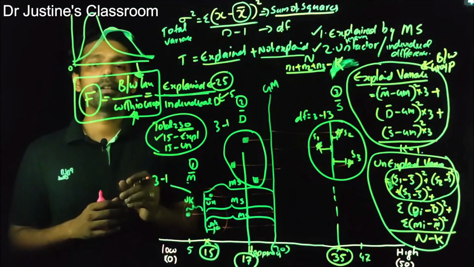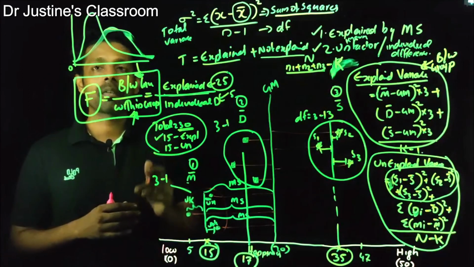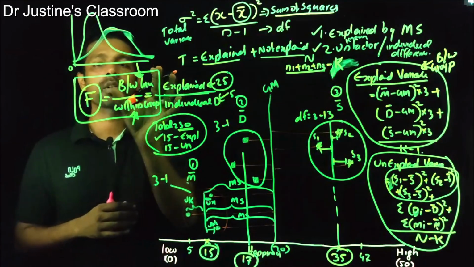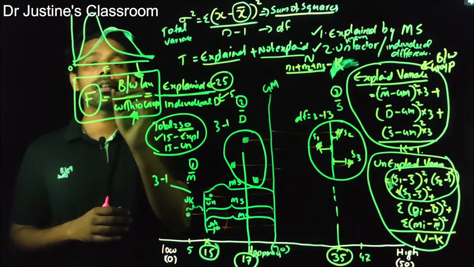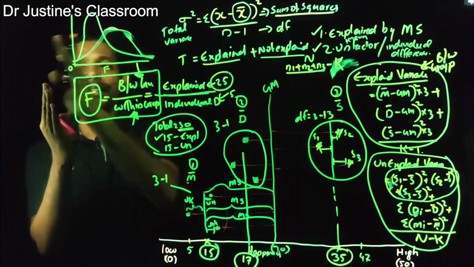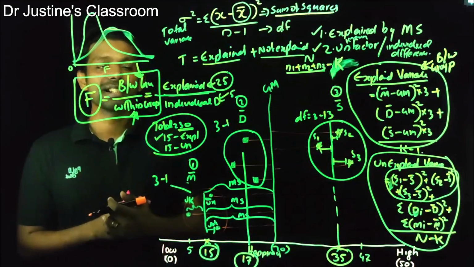And if the scores are really high, the T distribution tends to be a normal curve. Here F values tend to be positive, and you don't have this side and that side as in the t-test.